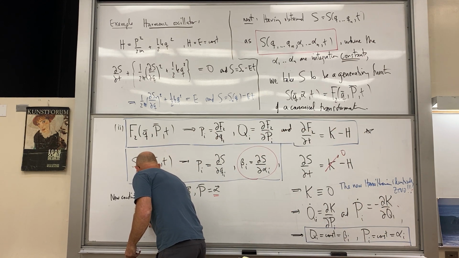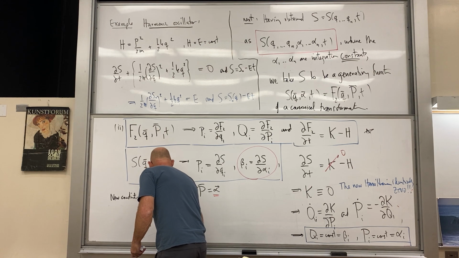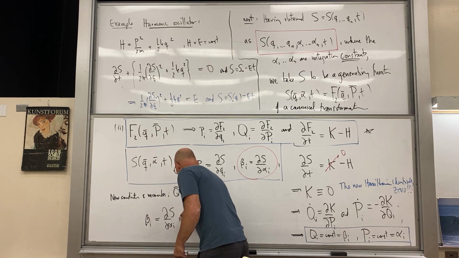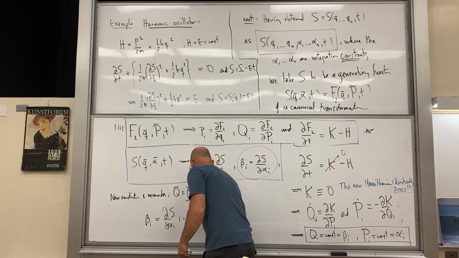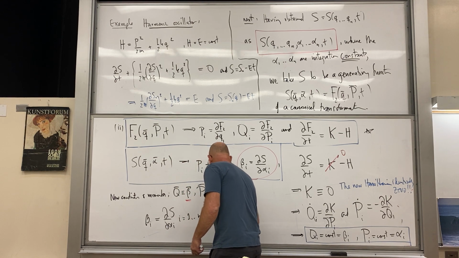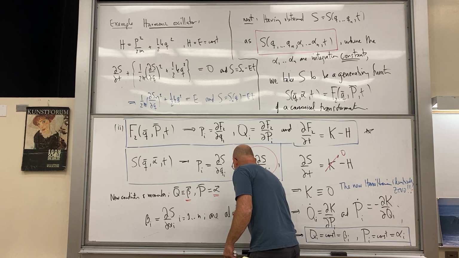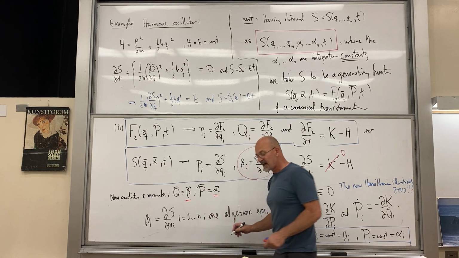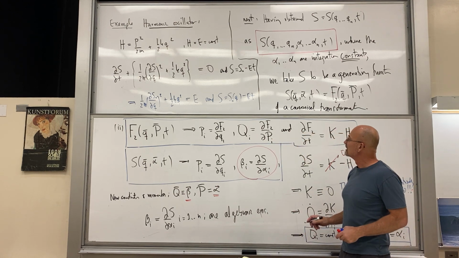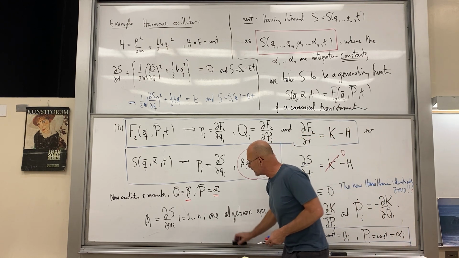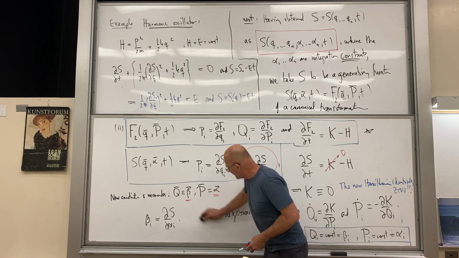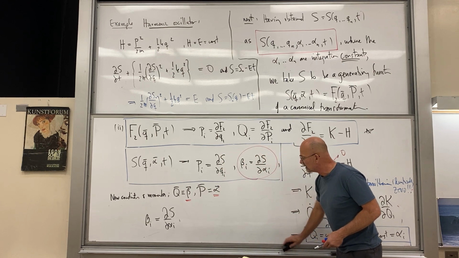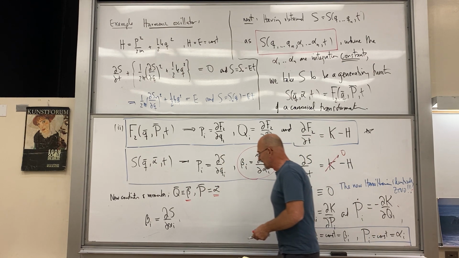So beta_i equals dS/d alpha_i, i equals 1 to n, are algebraic equations. And that means if you can, okay, I got a better way to write this. Since this is a punchline here, we have enough room yet.